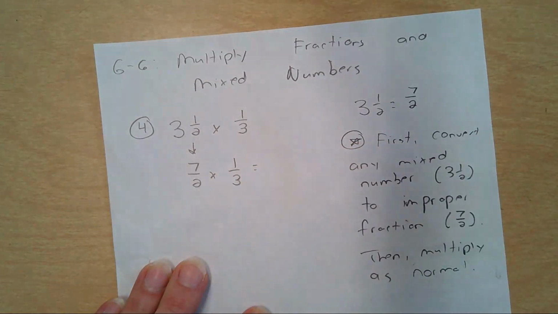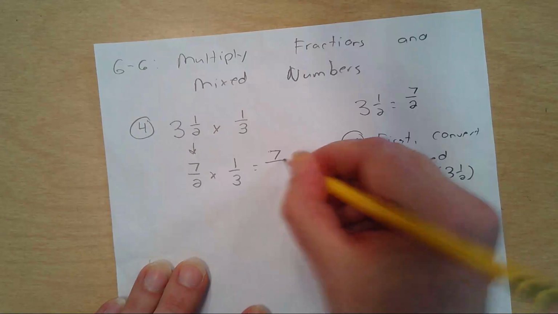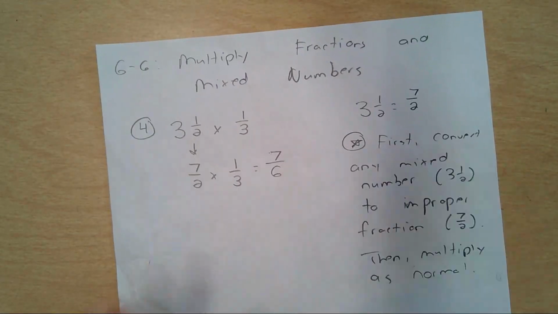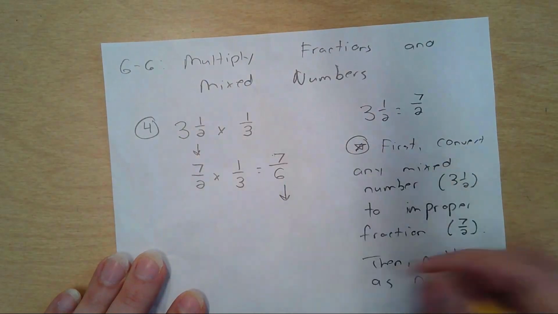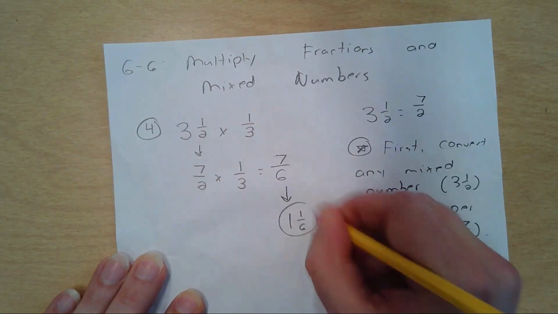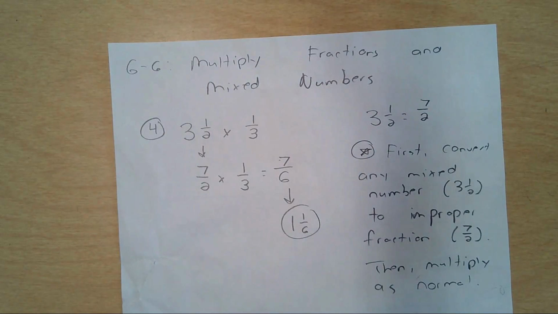So on the top, 7 times 1 is 7. On the bottom, 3 times 2 is 6. There's my answer, 7/6, but of course our answer is never represented in improper fraction form. We need to convert that back to a mixed number. 3 1/2 times 1/3 equals 1 1/6.